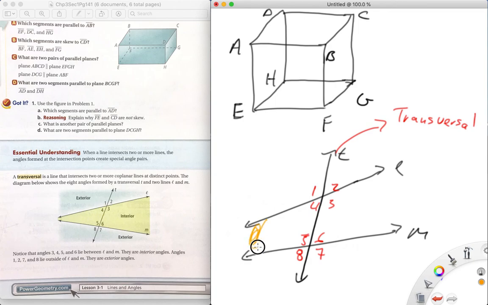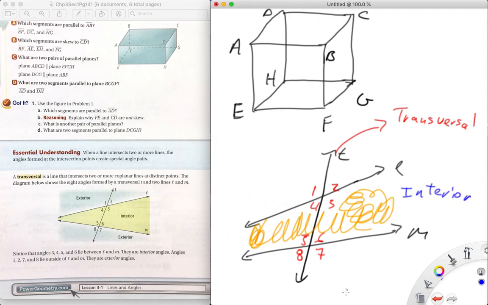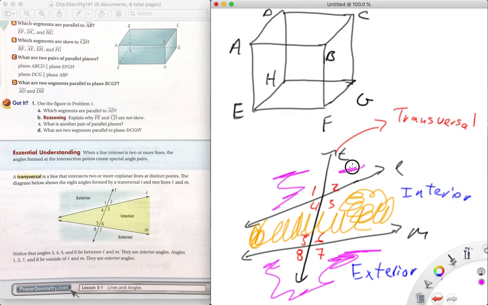Anything that's in between the two lines is called the interior. Anything on the outside of the two lines is called the exterior.